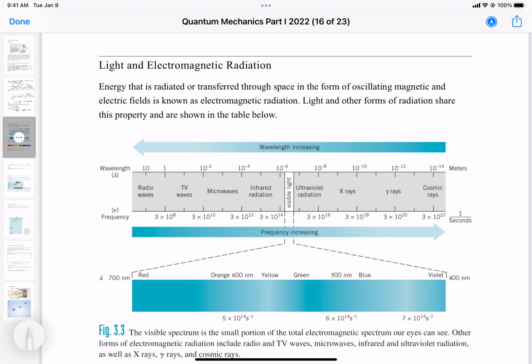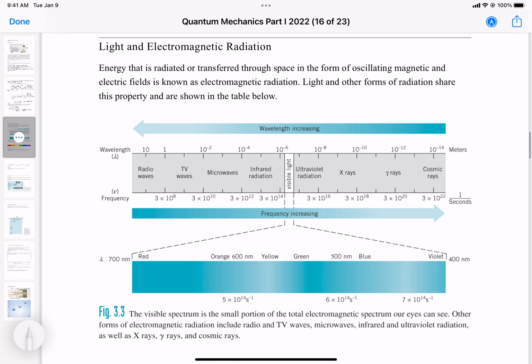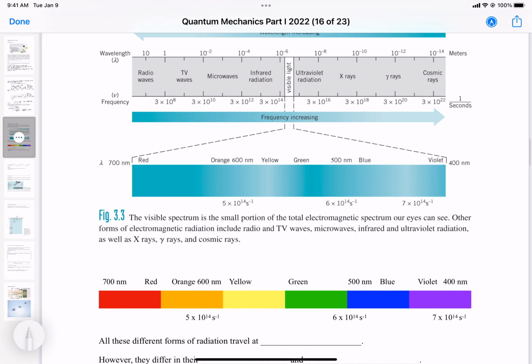Okay. And then here is a little spectrum of the colors. Red is usually 700 to 650. 600 is orange. Yellow is around 550. Green is in between, on the order of 500 to 550, or I would say 550.